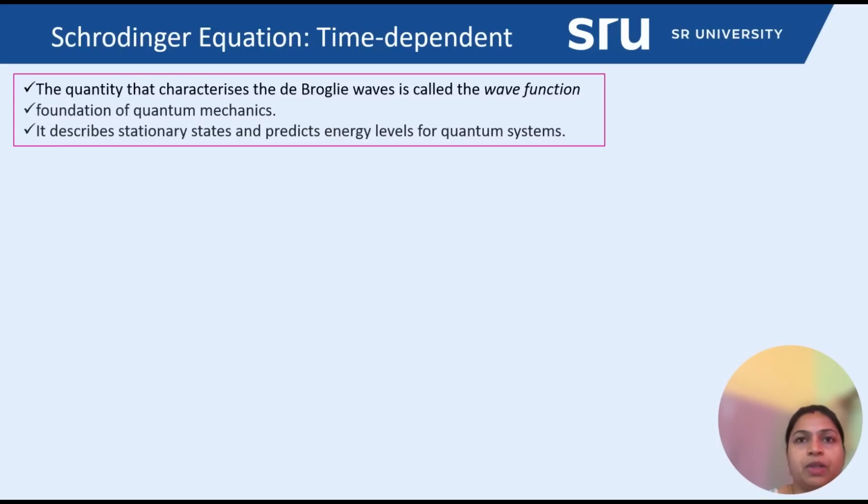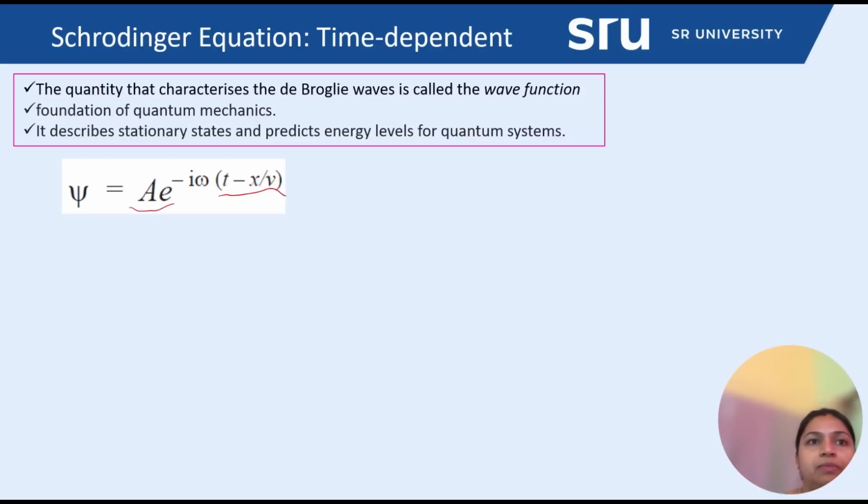Let us assume that psi is our wave function in the specified x direction, then we can write that psi is equal to a e to the power i omega (t minus x by v).